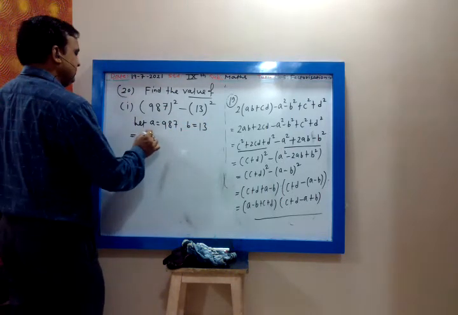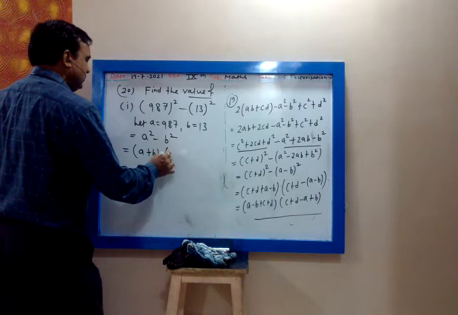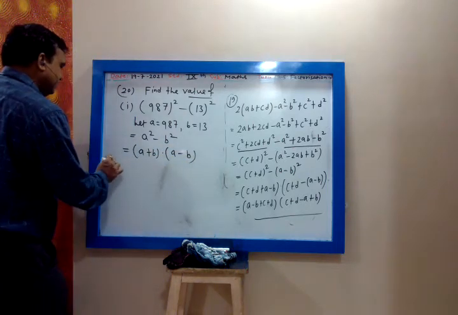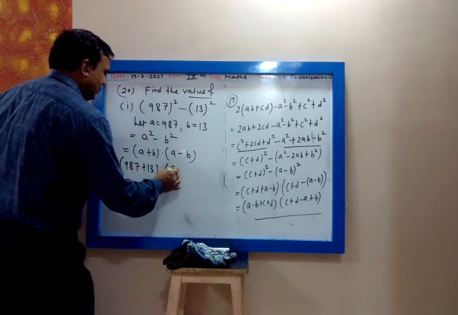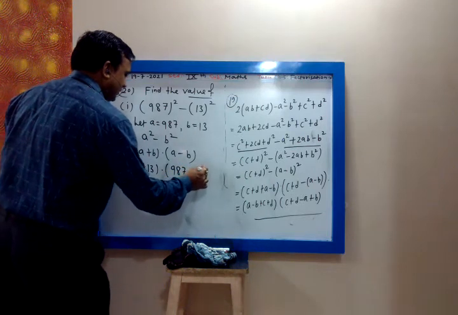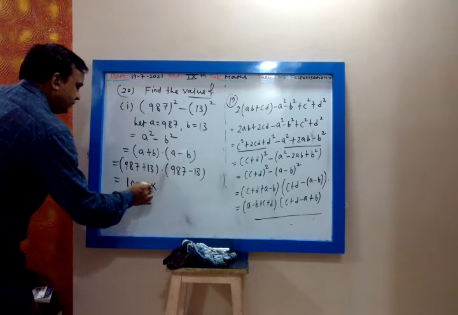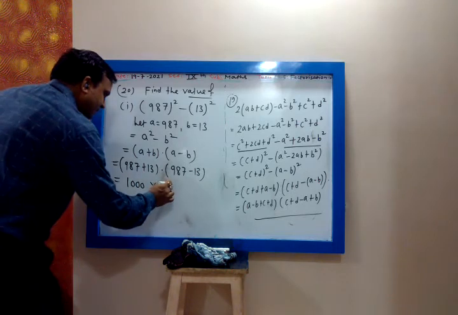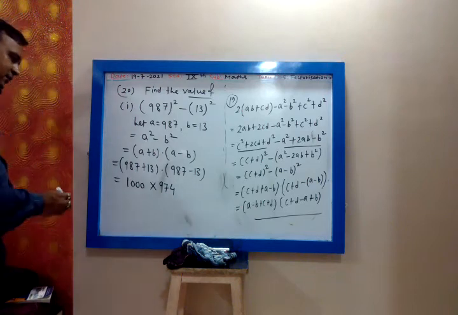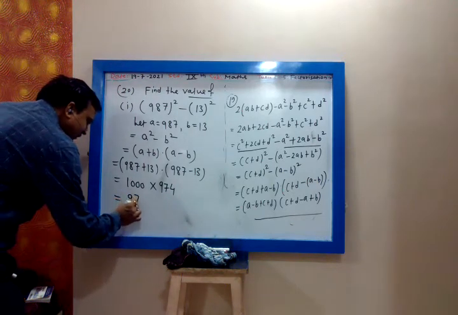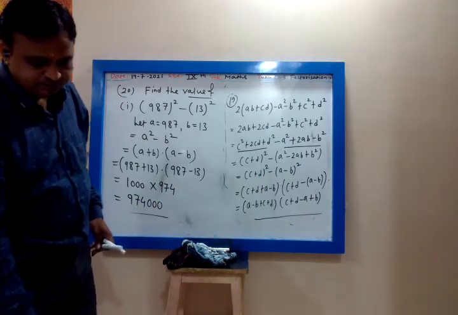So this becomes A square minus B square, which is A plus B into A minus B. So 987 plus 13 into 987 minus 13. 987 plus 13 is 1000, into 987 minus 13 is 974. 974 into 1000 is 974, then 3 zeros. This is the answer.